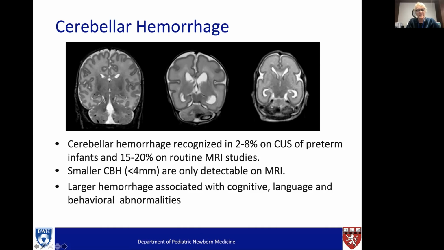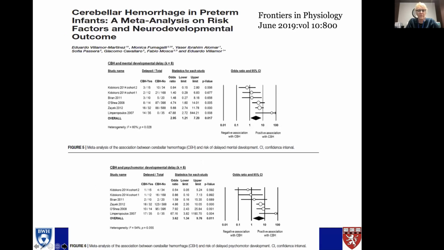So you can see all these multifocal punctate lesions here. This is a much larger focal unilateral hemorrhage, and on this image you can see extreme severe bilateral hemorrhage. Larger hemorrhages are known to be associated with cognitive, language, and behavioral problems.